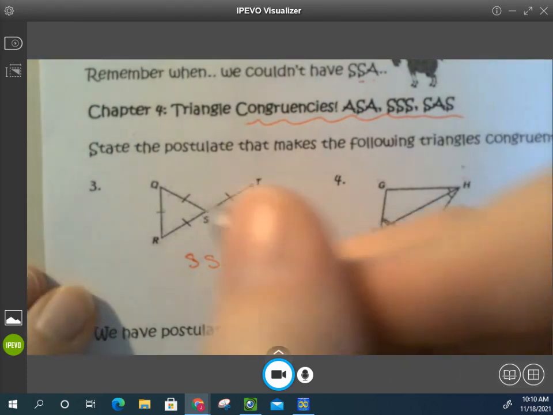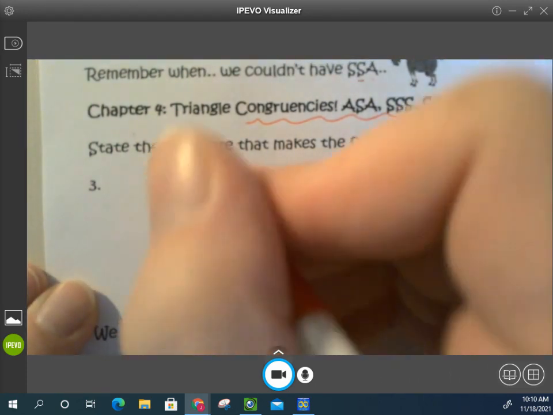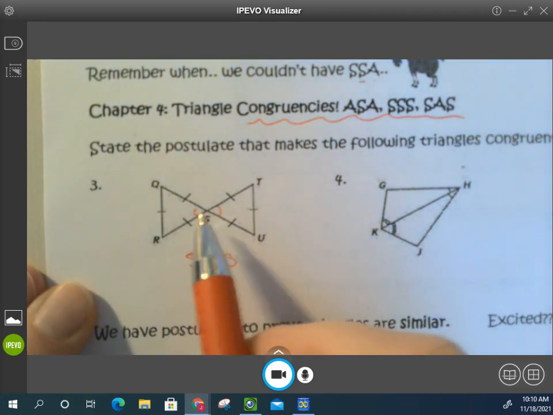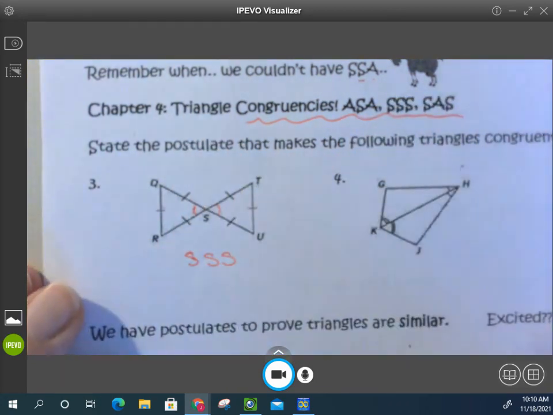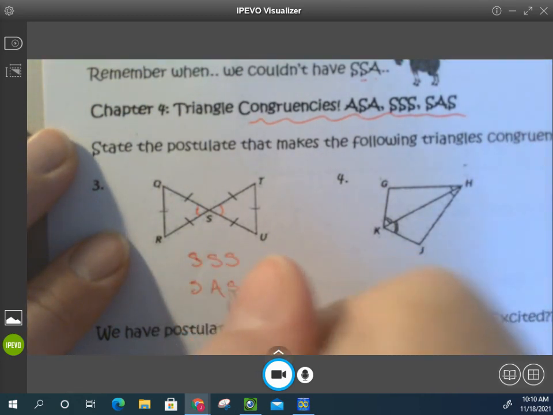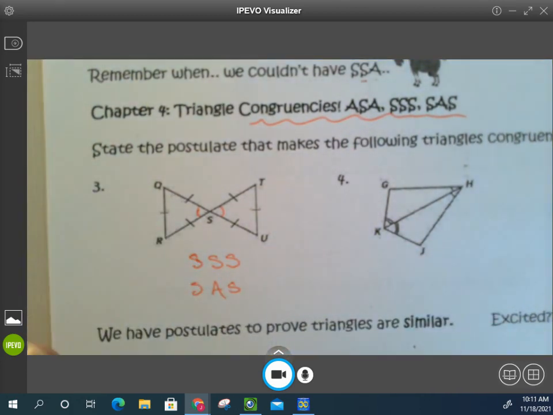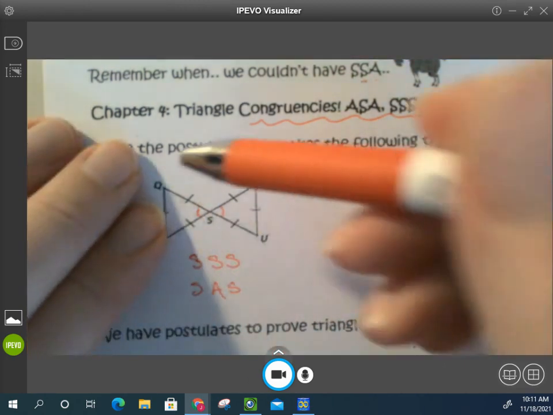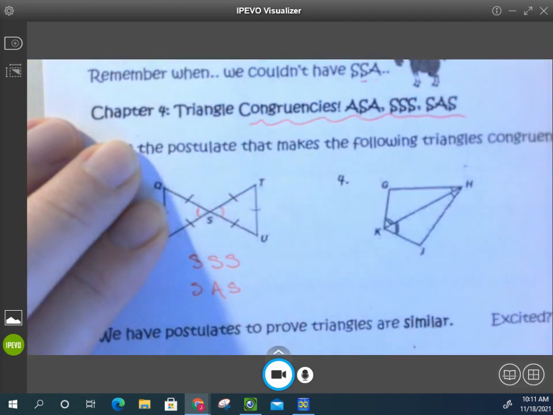Yeah, exactly. Do you remember what these are called? These are those vertical angles, or we call them opposite angles. Knowing that, we could also use side, angle, side on this one. I don't have to do this both ways, but I wanted to bring up the vertical angles. Do you see the side, included angle, side?